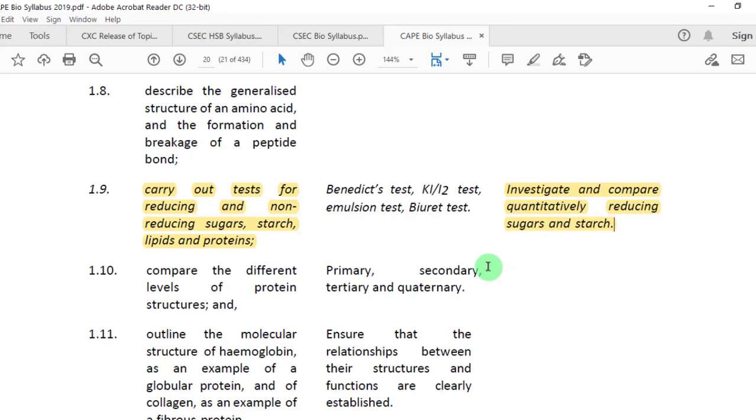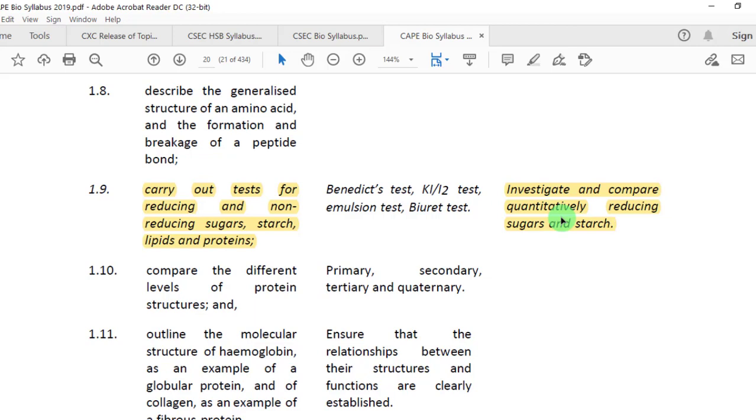Okay, especially when you're doing quantitative. A quantitative investigation is very different from qualitative. Qualitative is basically, is the food chemical present or not? Quantitative is how much of it is present.